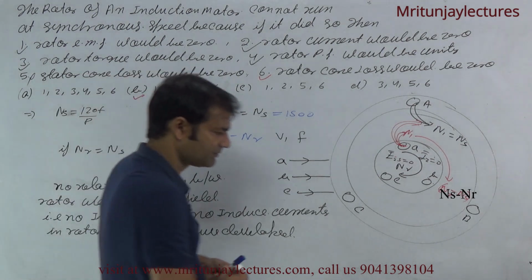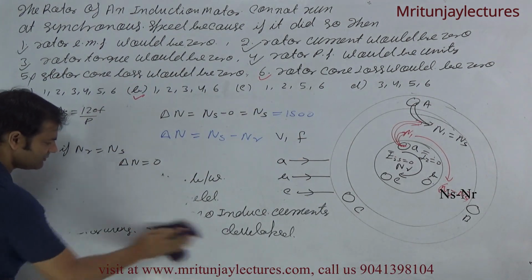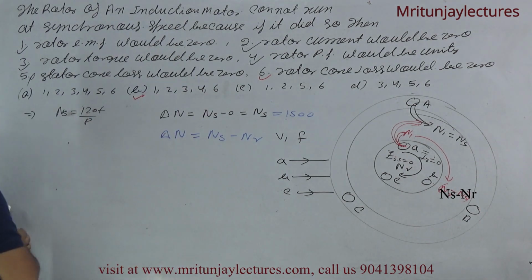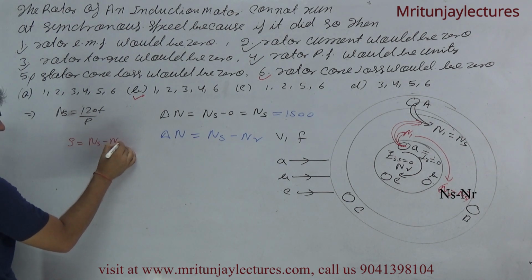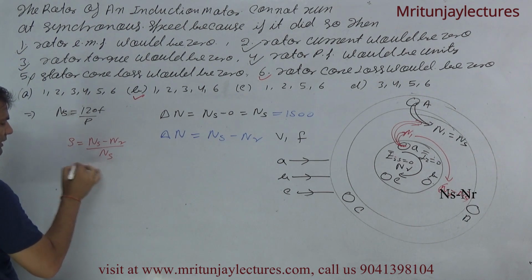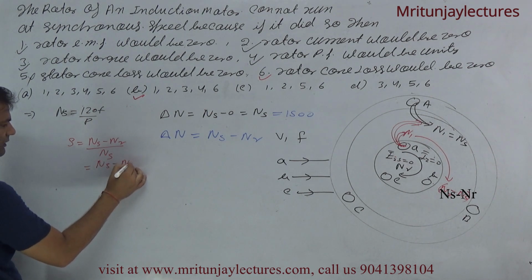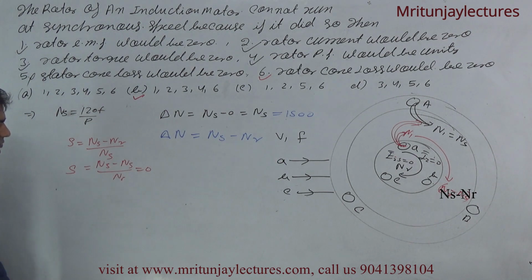If any doubt, we can check with the help of the formula also. I know that slip S is equal to Ns minus Nr divided by Ns. Corresponding to the question, slip is 0.